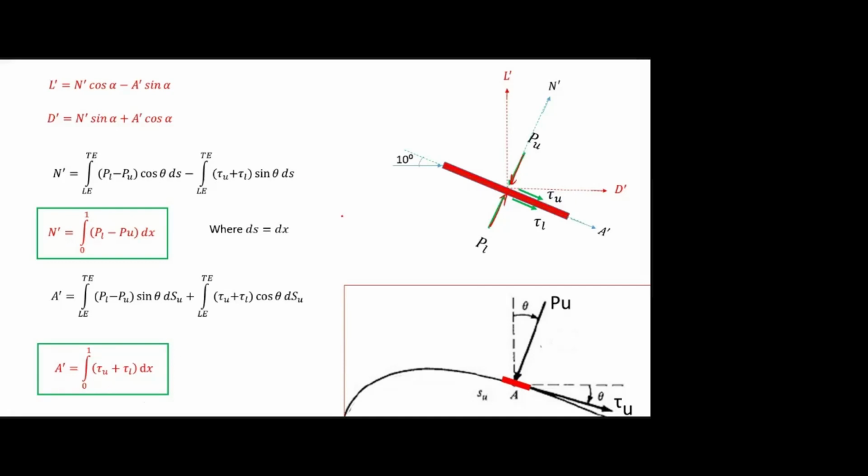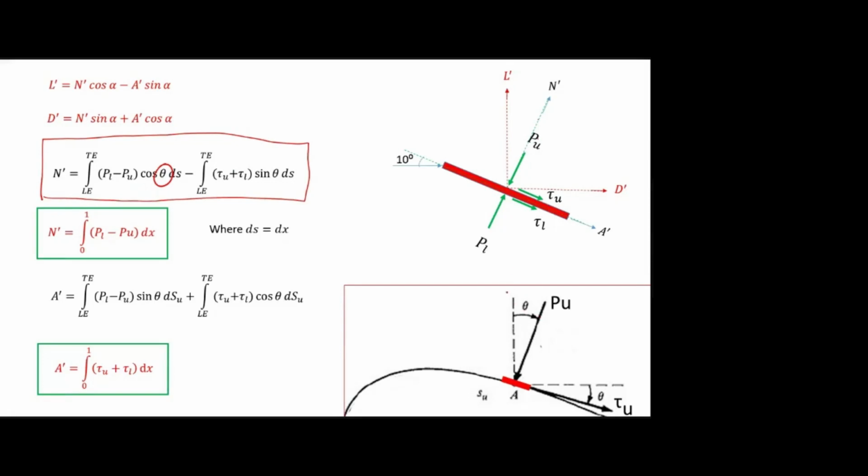Okay. So where did I stop? Pressure acts normal to the surface, shear stress acts tangent to the surface, and this is the general normal force equation in terms of pressure and shear stress. You can see it is a flat plate and theta is constant, right? Additionally, this theta is measured between pressure and the normal force.